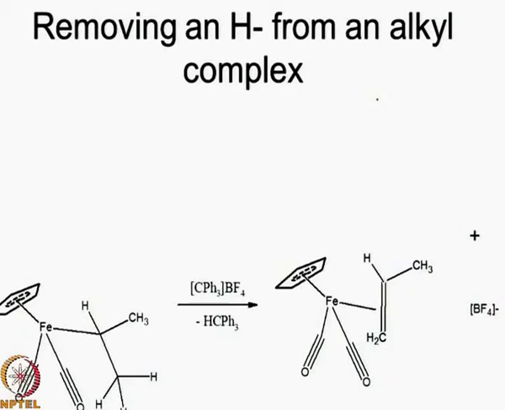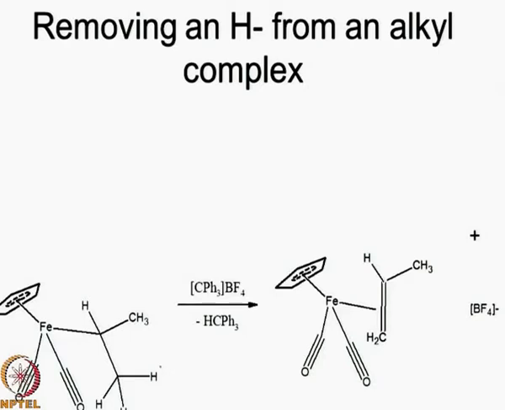Now, let us move on. There is one unusual method of synthesizing metal olefin complex, and this is by removing a hydride ion. If you take the trityl cation, the trityl cation is a cation which is stabilized by the presence of 3 phenyl groups, and this can abstract a hydrogen atom.